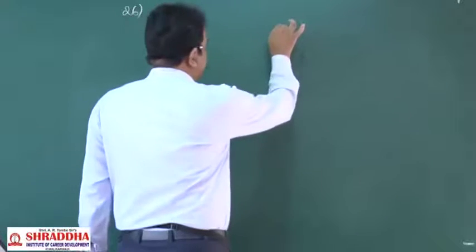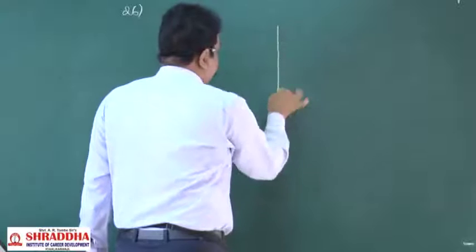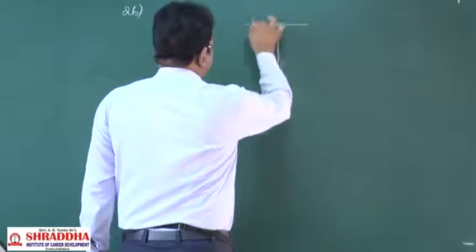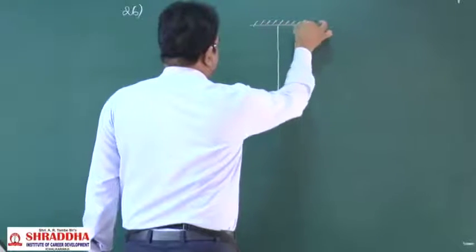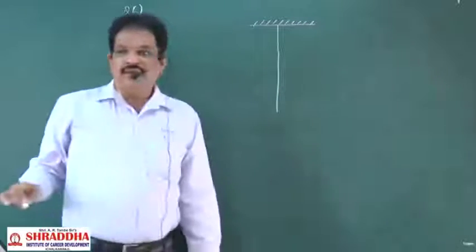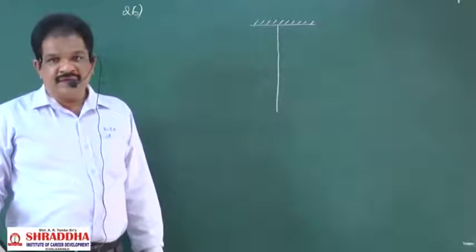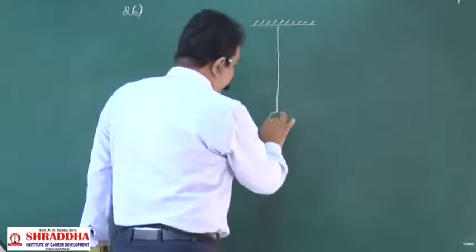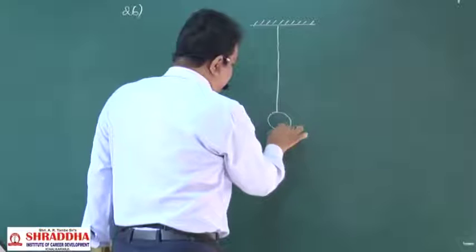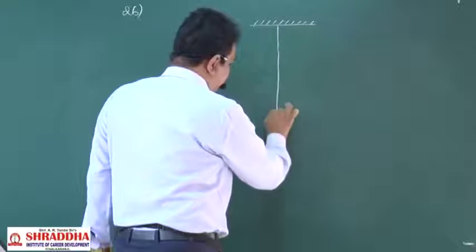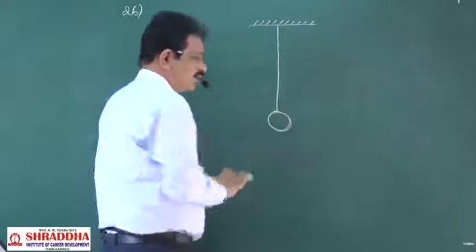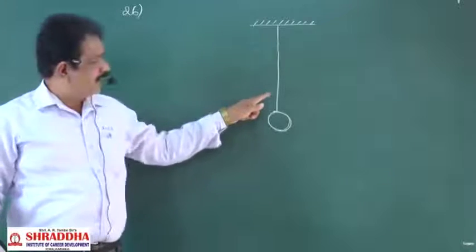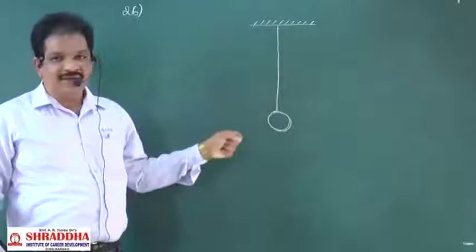Here one string will be there like this. A thread is connected from a rigid support, and one spherical mass is connected to it. One sphere connected to a thread.